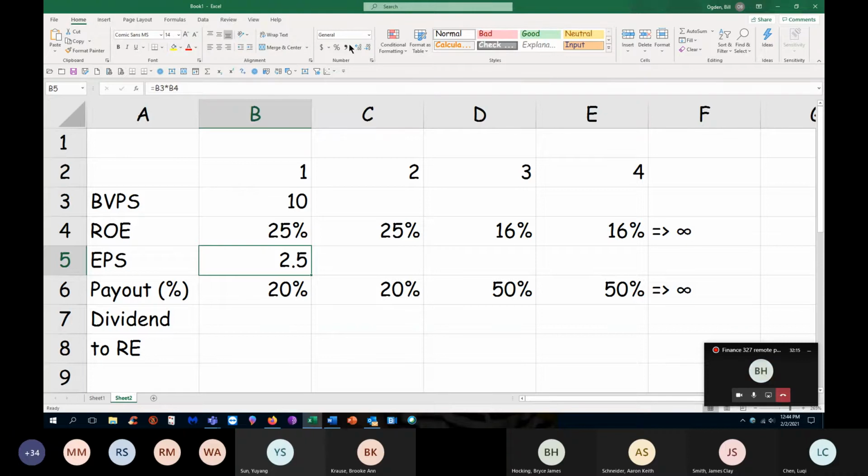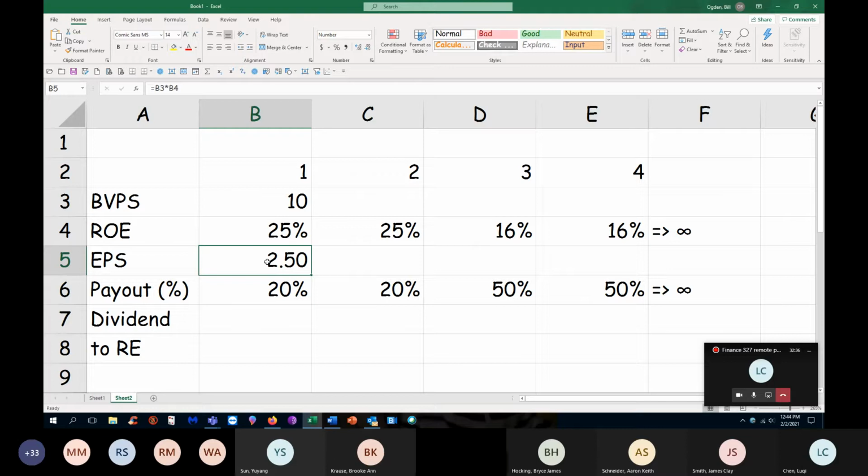And you know what? It's kind of prettier if you add another decimal there. Okay. Now we have the very bottom line of the income statement. It says that we have, well, once adjusted for shares, $2.50 per share.